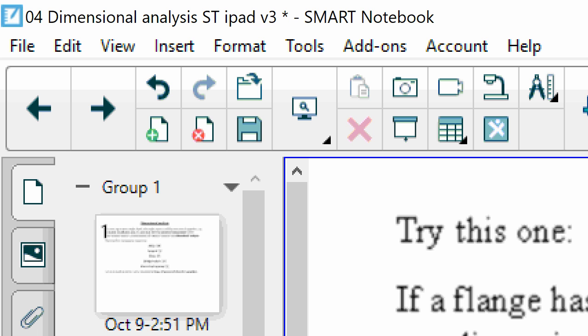Because the question says make off two flanges. I've kept it over one, so all of them are like fractions. Okay. And then we look at what we can cancel out. So we can cancel out flange and flange, bolt and bolt.